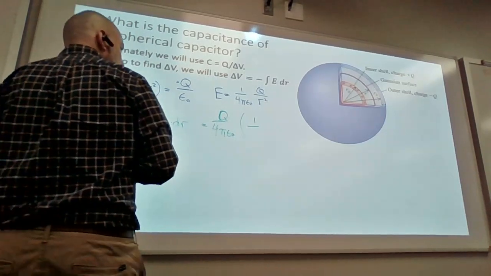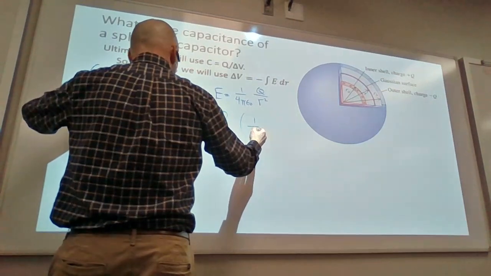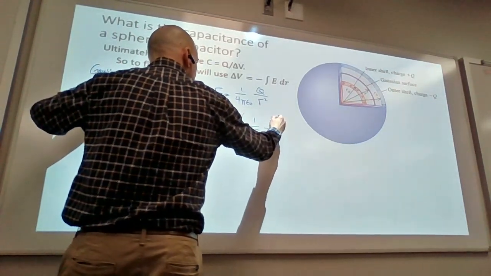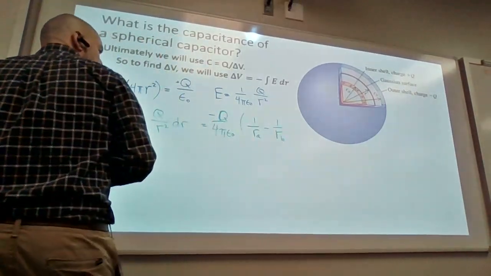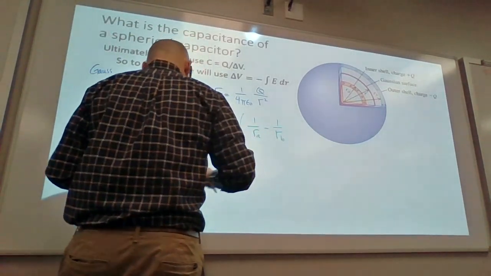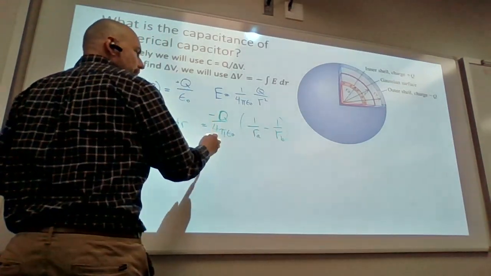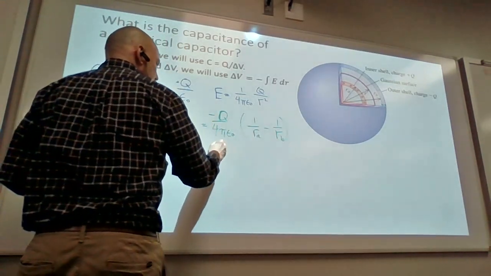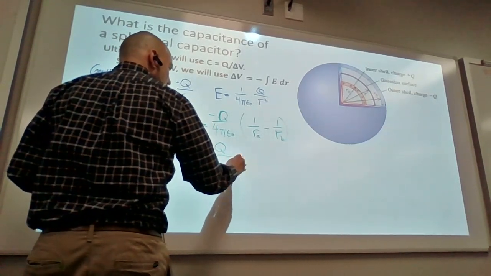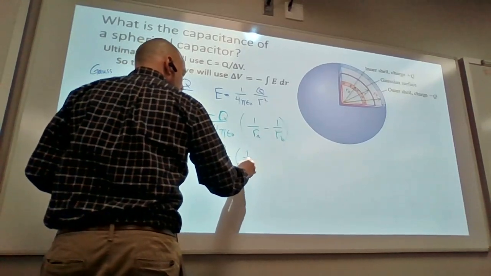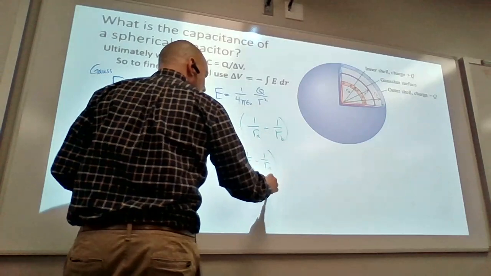At this negative, final minus initial, and then applying this negative, you just get 1 over RB minus 1 over RA.